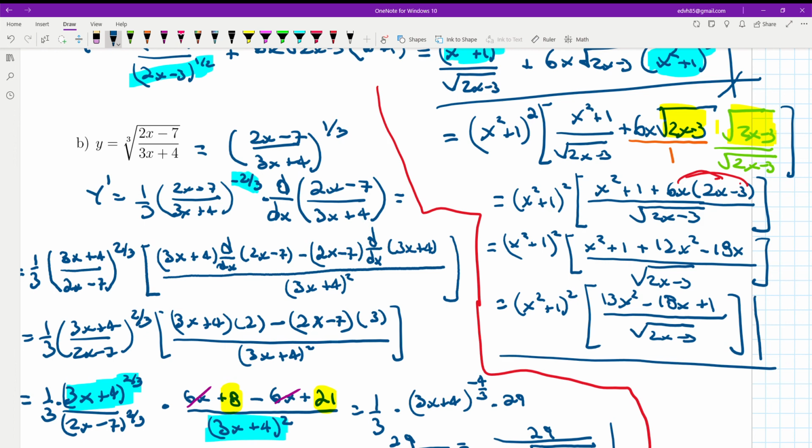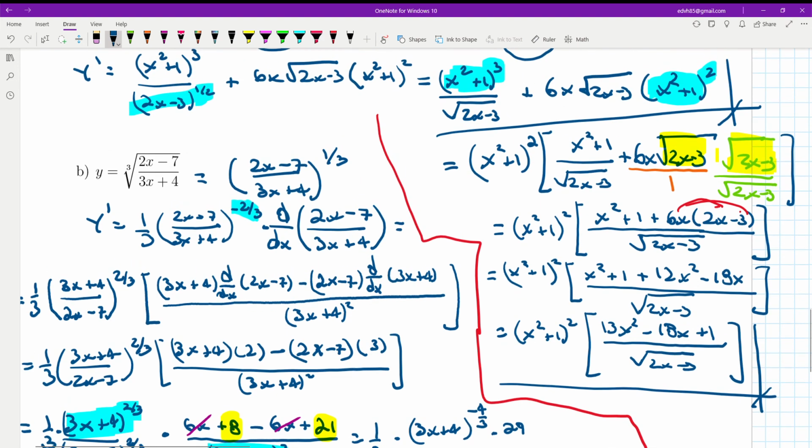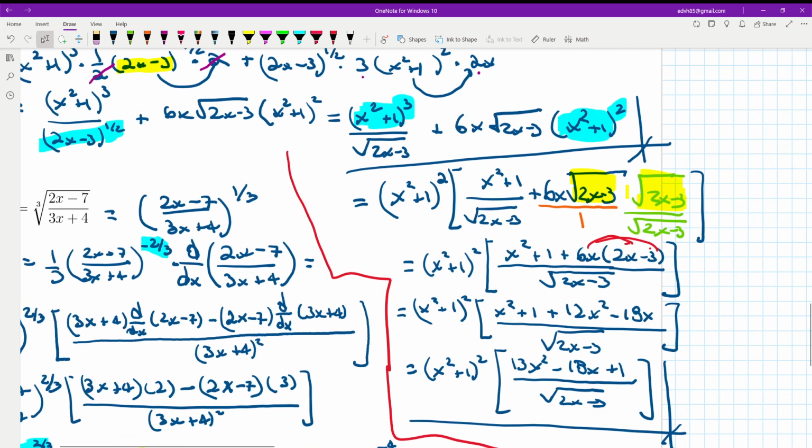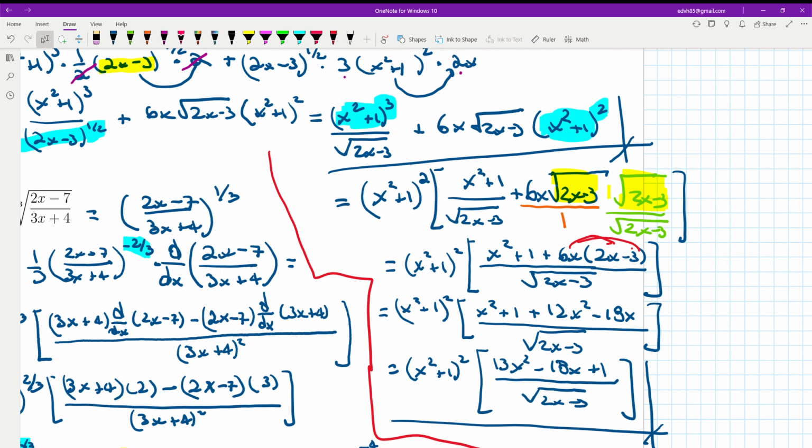The reason I'm going this extra mile is just to show you what to do in a situation in which, like I said, if I gave something like this on an exam, I would have let you give me just this as a final answer.